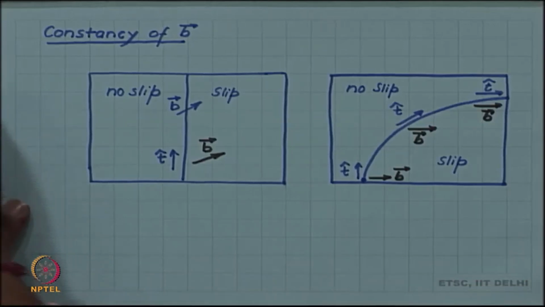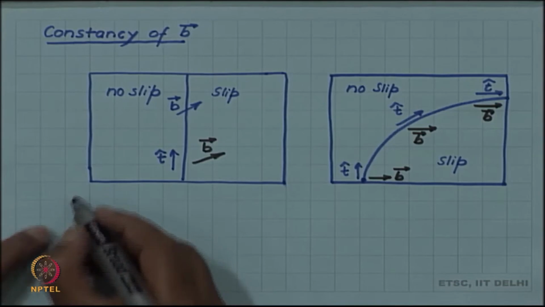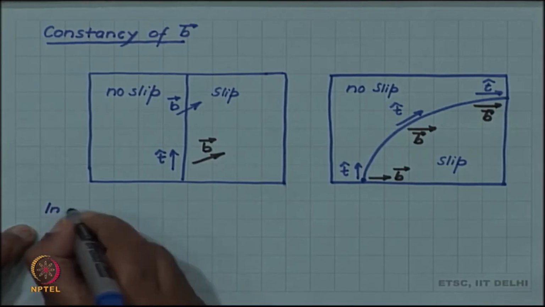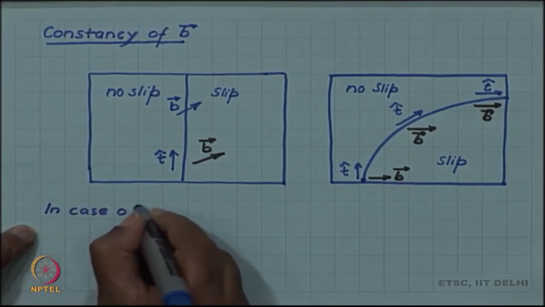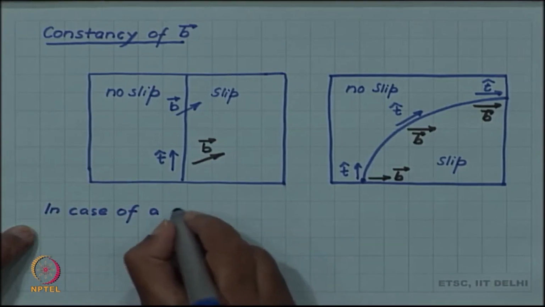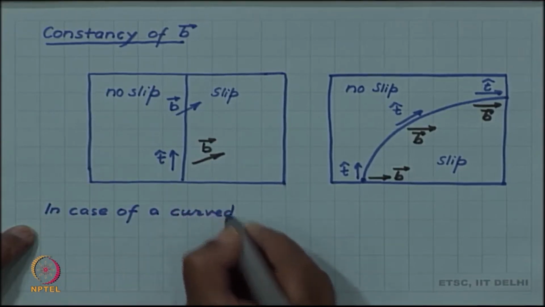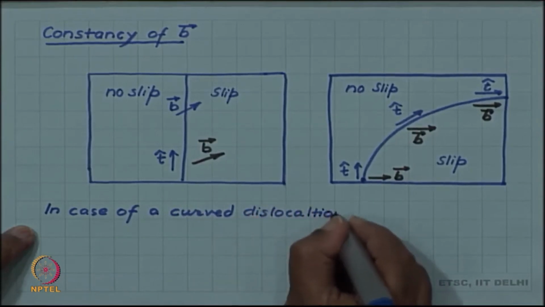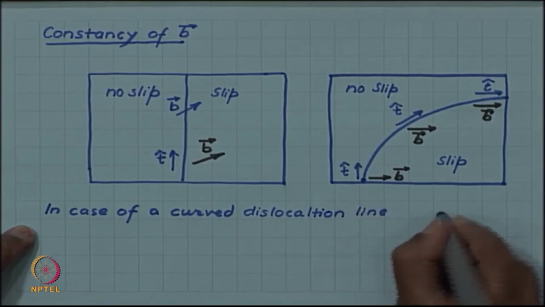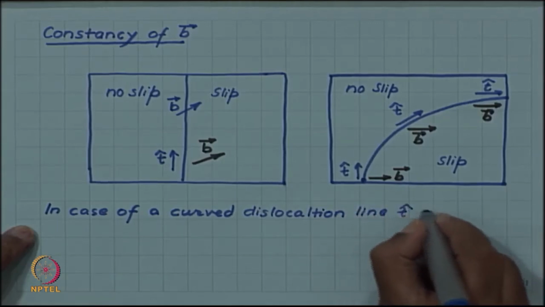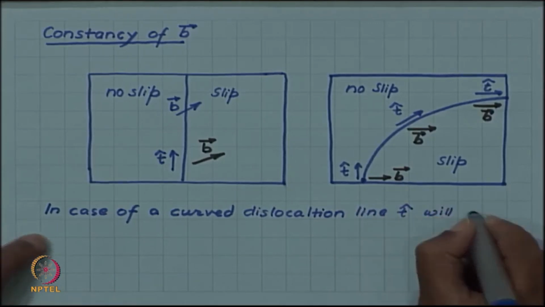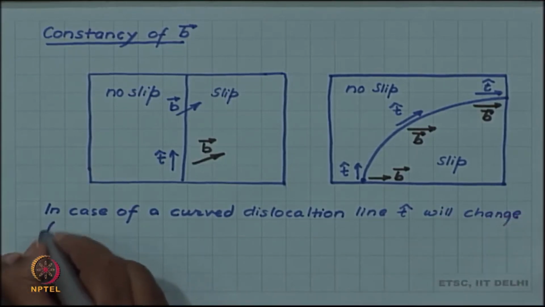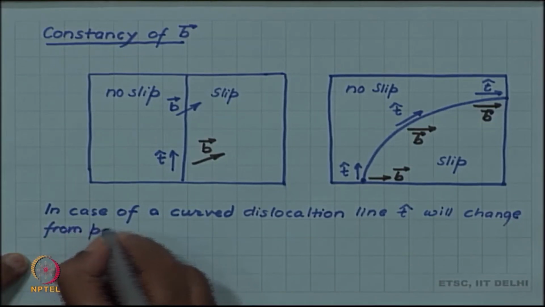So, we can make a note of this, that in case of a curved dislocation line, t will change from point to point.